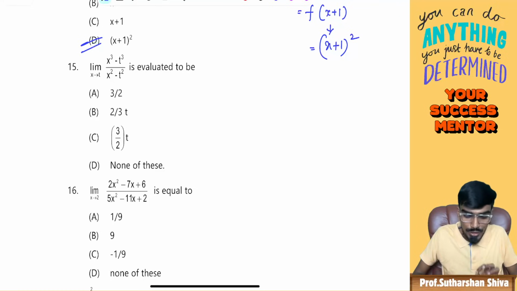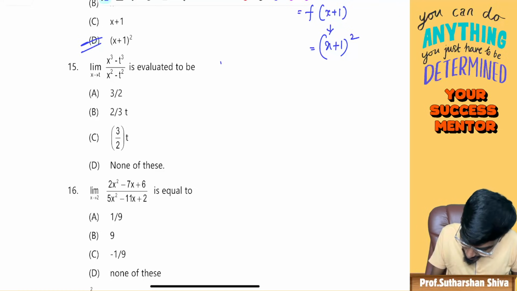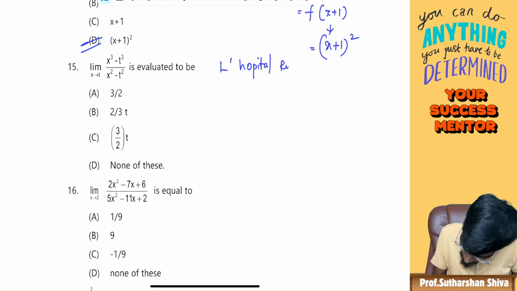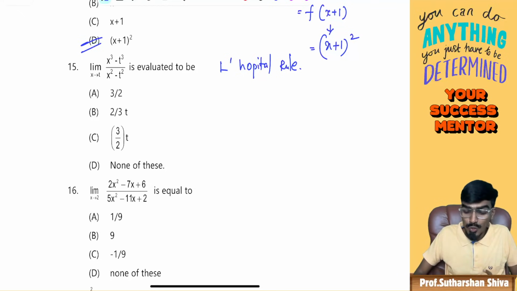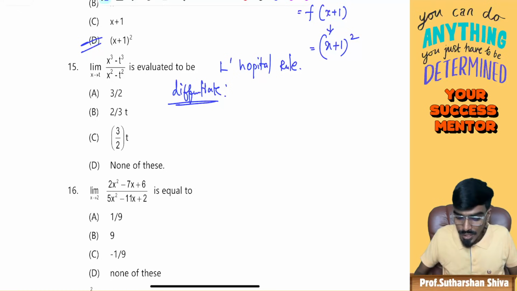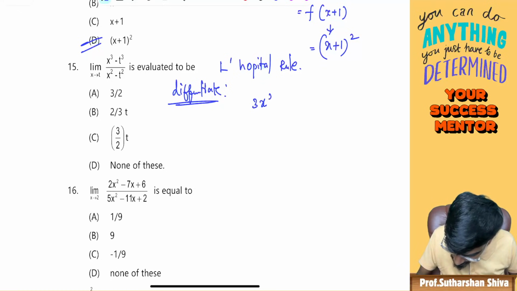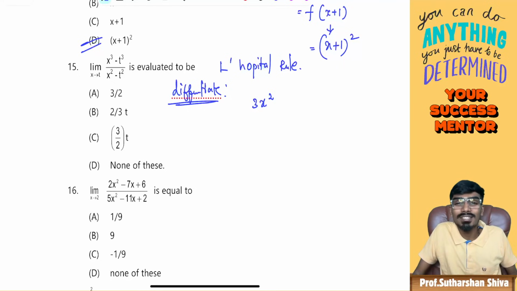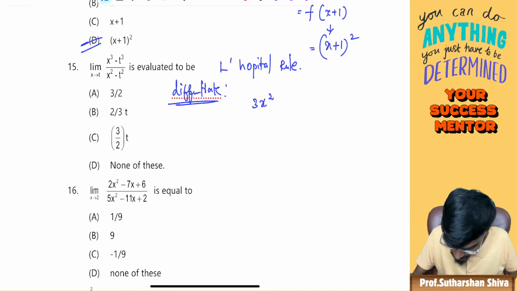At that particular point, we'll be following L'Hopital rule. What does this rule say? You should differentiate with respect to x. If you differentiate with respect to x, the numerator becomes 3x square, t cube, as it is a constant, is going to be 0, divided by 2x.